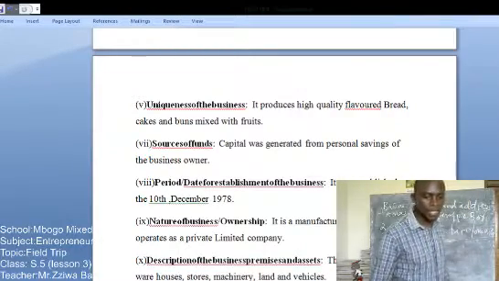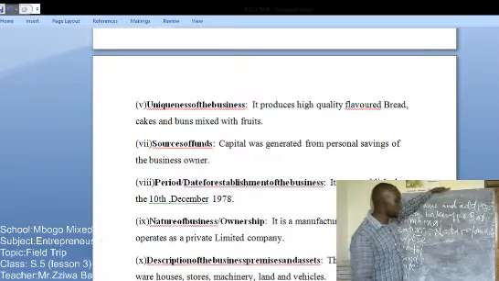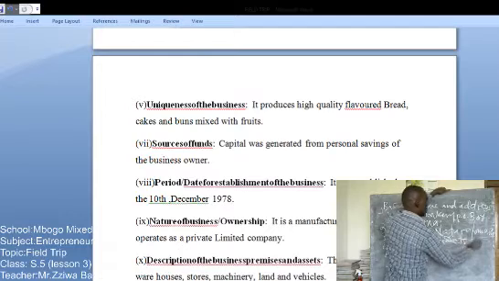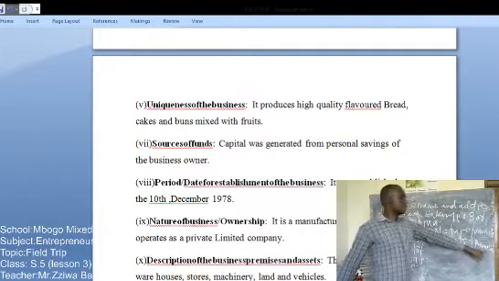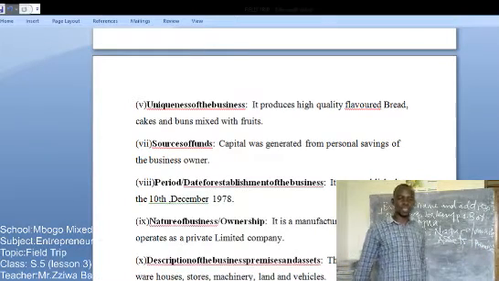And finally, you can talk about description of assets and premises. You can also talk about assets plus the premises. These are the buildings where you are operating from.